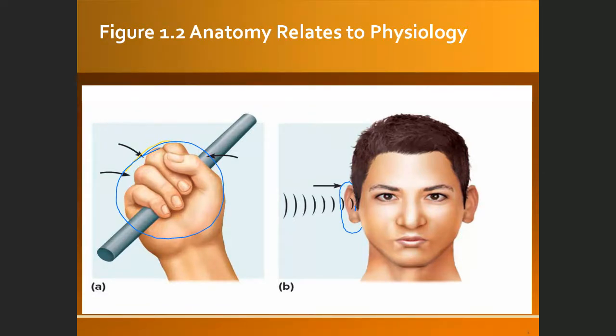Inside the ear you have the ear ossicles, which are bones that vibrate when the sound wave enters the ear, and then it is converted into the sounds that you understand, that you hear. So this is how the functions of the organs fit with the structure.